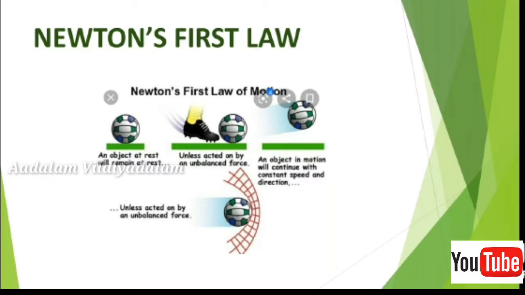So, every body continues to be in its state of rest or state of uniform motion along a straight line unless it is acted upon by some external force. That is, only if you apply a force does the body change from its state of rest or state of motion.